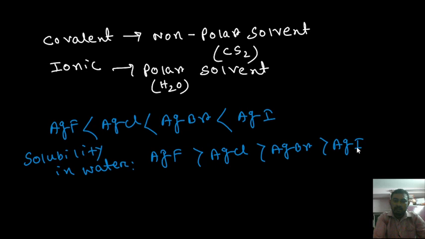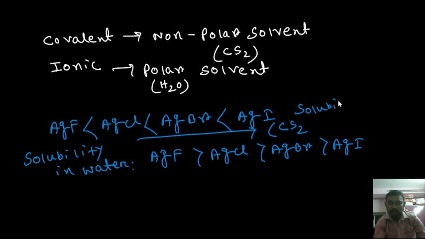And if I talk about the solubility in carbon disulfide, then it will go in the covalency order, the same order for the solubility in CS2. But for the solubility in water or polar medium, the reverse trend is observed. So those are the different types of questions or concepts in Fajan's rule.